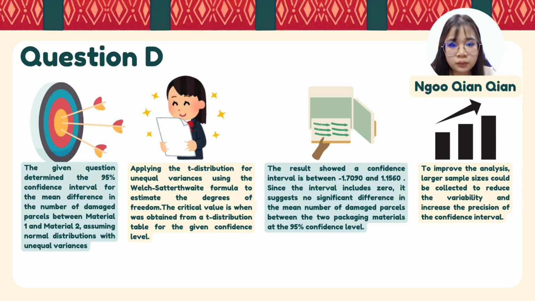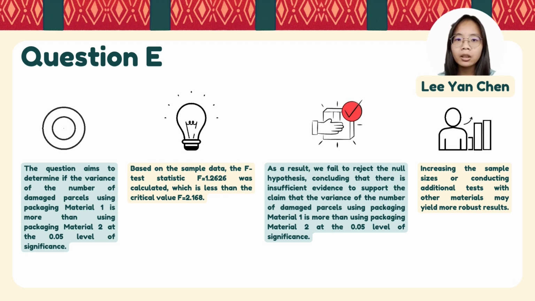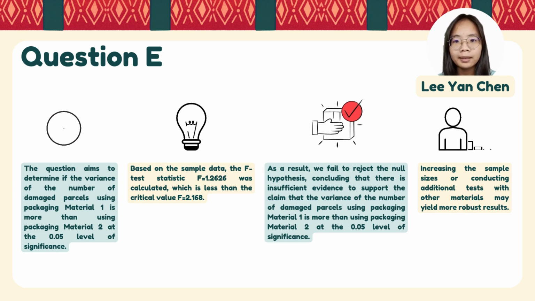of the confidence interval. For question E, the question aims to determine if the variance of number of damaged parcels using packaging material 1 is more than using material 2 at the 0.05 level of significance. Based on the sample data, the F-test statistic F equals 1.2626 was calculated, which is less than the critical value F equals 2.168.